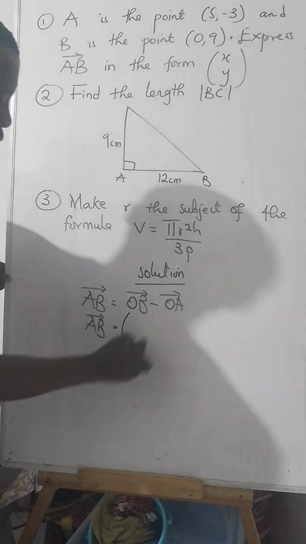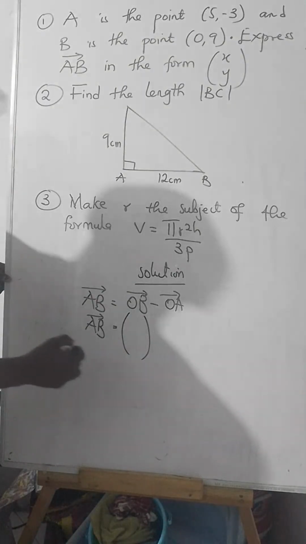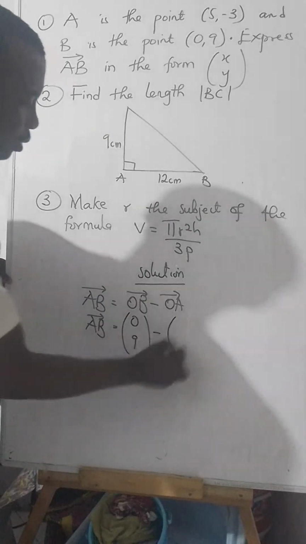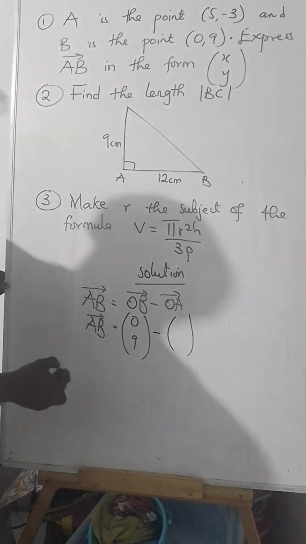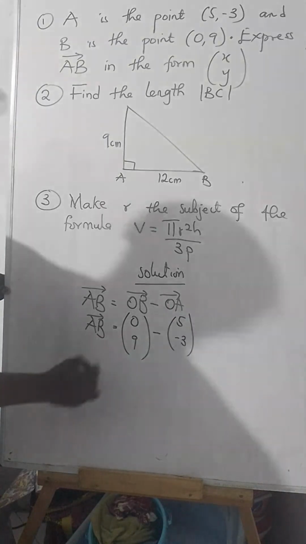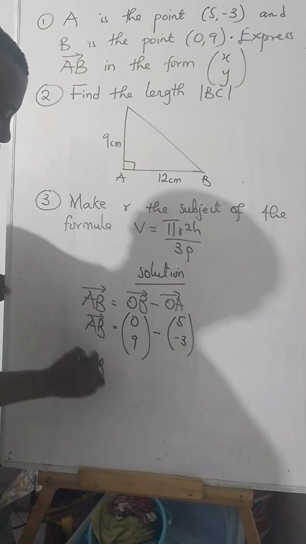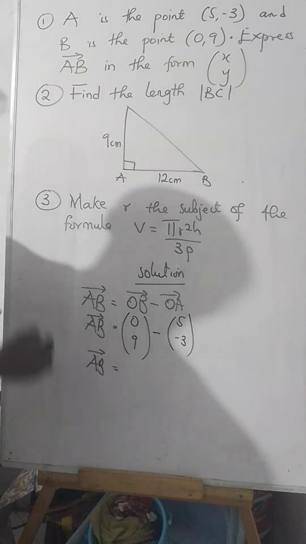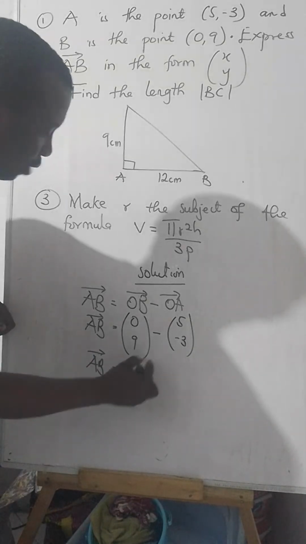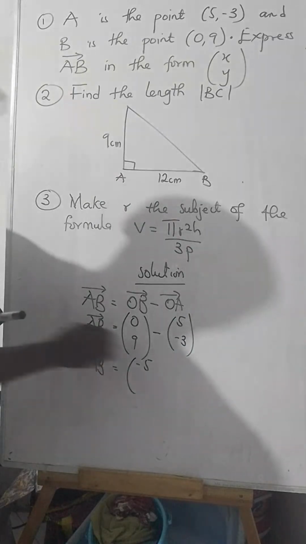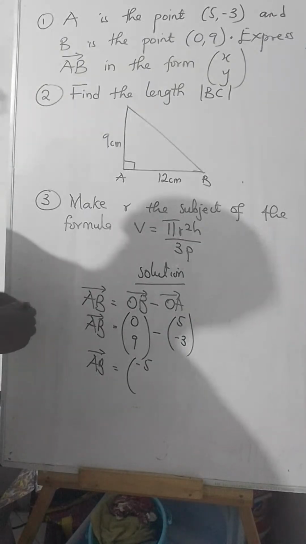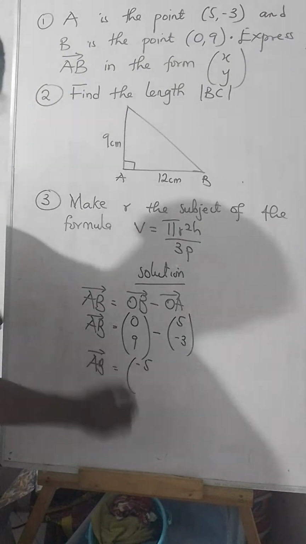So here you are given B to be 0, 9, minus the A to be 5, -3. So your AB will be 0 minus 5, that is -5. Then 9 minus -3, that will be plus. So that will be 9 plus 3, which is 12.